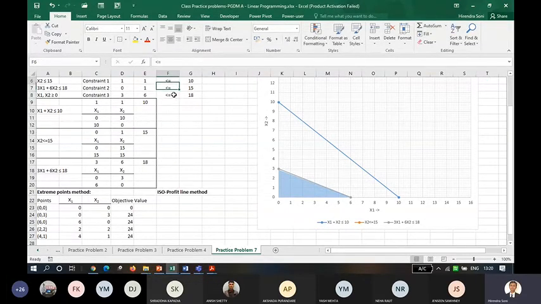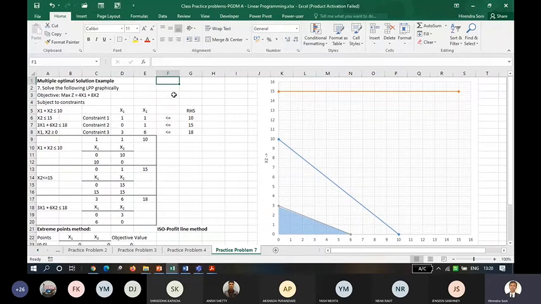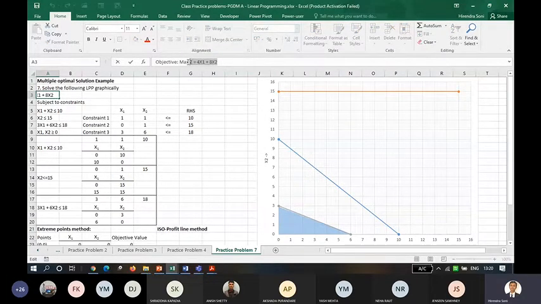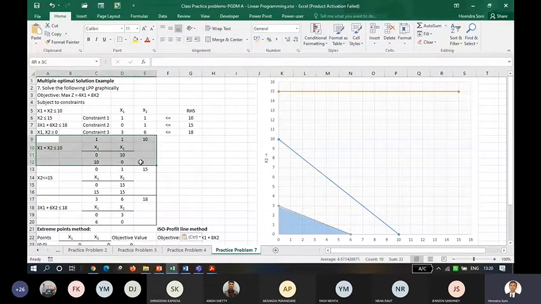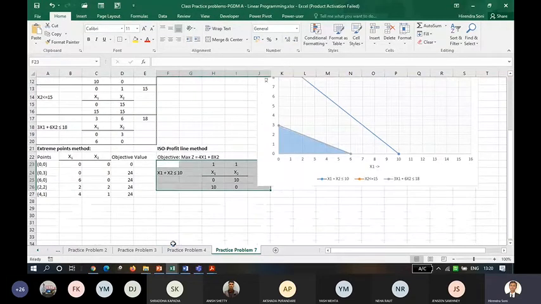So what is your objective function? 4x1 plus 8x2. I'll copy this, or rather take the whole thing, and we'll come here so that we can work everything out.